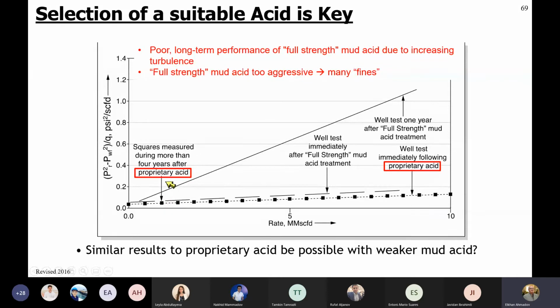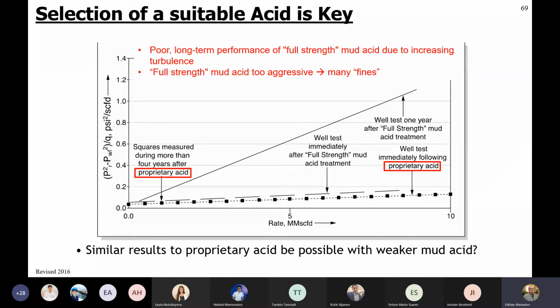That's kind of comparing the conventional acids to the proprietary acids that are developed specifically for this field, for these rock characterizations, fluid characterizations.